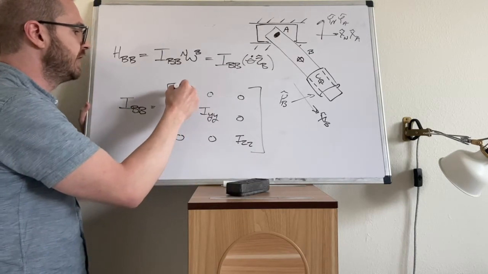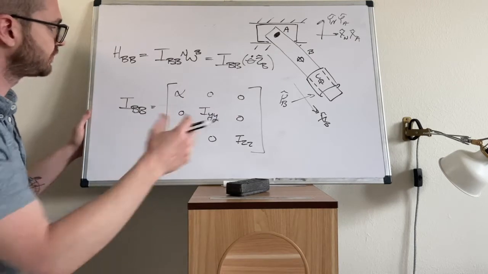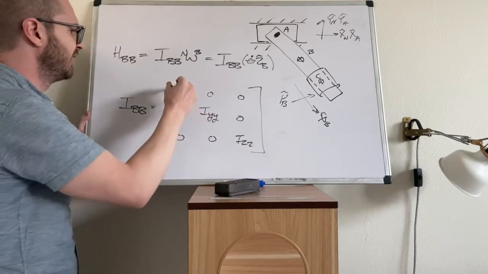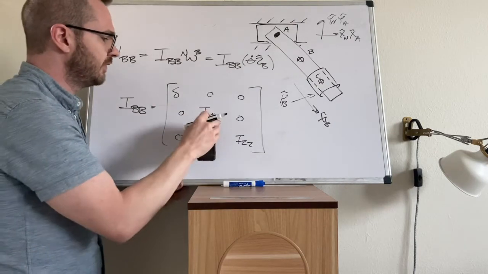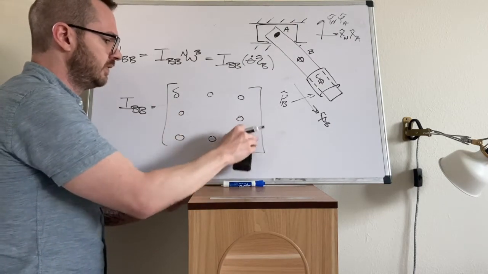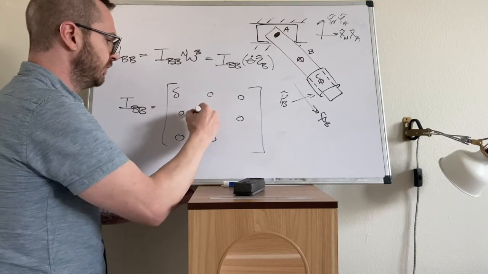So I'm just going to put in an alpha. Or better yet, since it's a small amount, let's put in a delta. That 1/12 ml squared term, that's going to go into these other two.